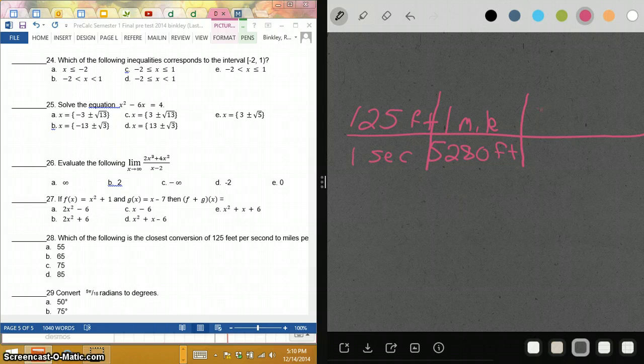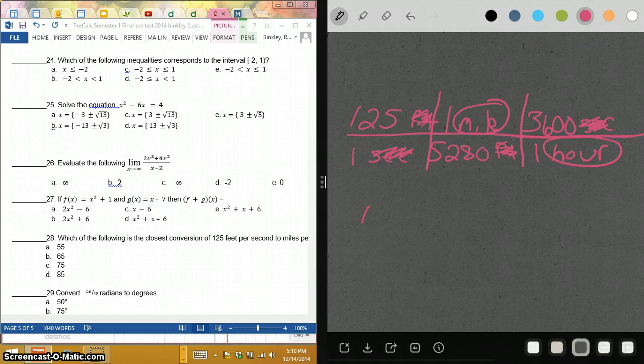I need seconds up here. Can I go straight to an hour? I'm just going to go straight to an hour. I know there are 3,600 seconds in 1 hour. So the reason I know this is going to work is because this feet cancels out with this feet, and this seconds cancels out with this second. So what I'm left with is miles per hour.